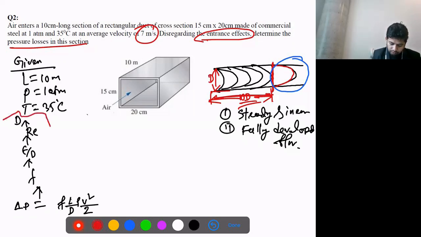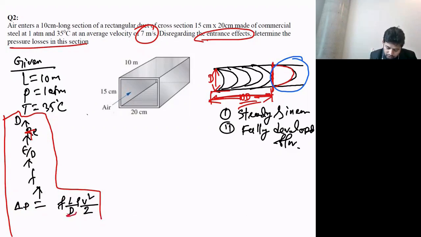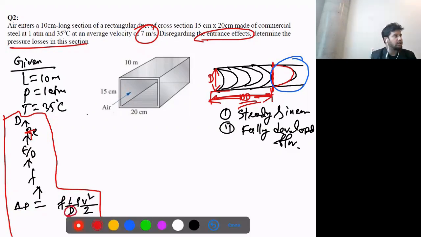You look here, guys, just try to understand. This is the same thing we did earlier. This formula is a little bit different, the difference between head loss and the pressure loss I showed you earlier. But when it is delta P, we still need the D. What is D? Diameter.